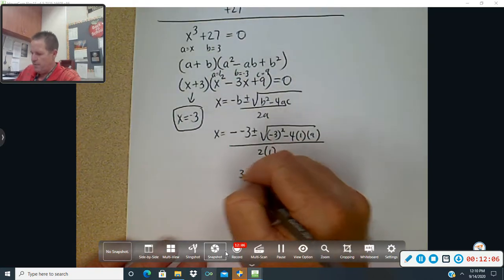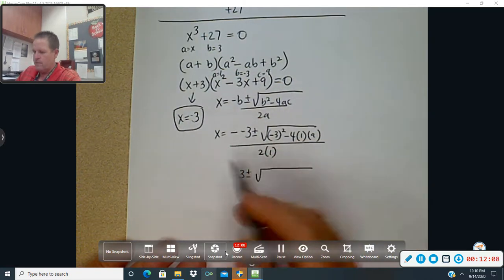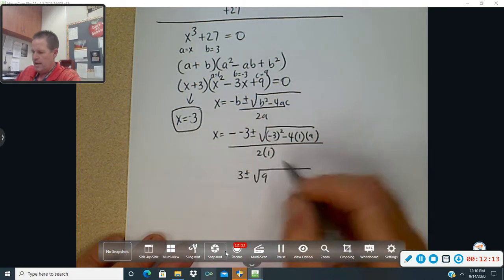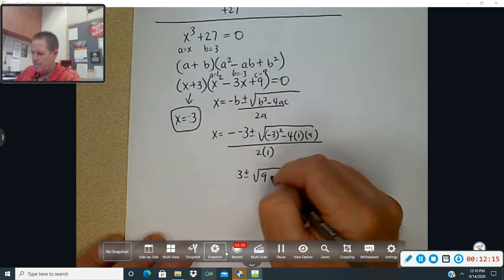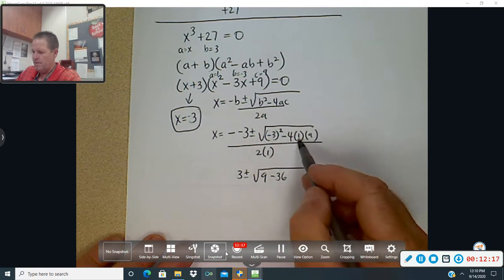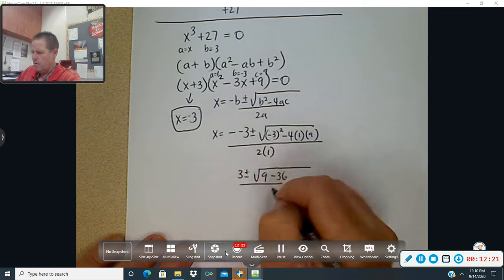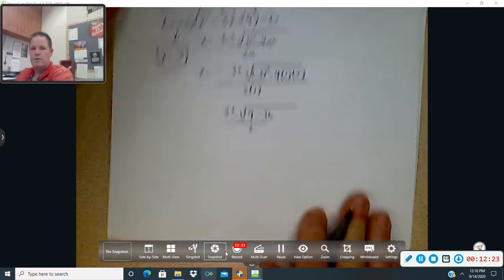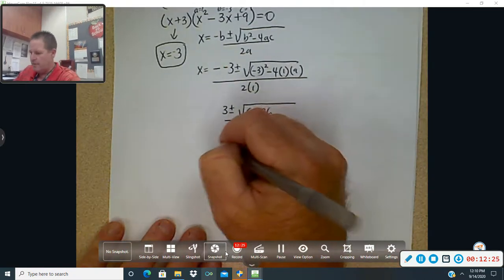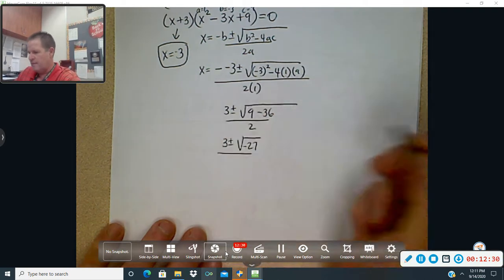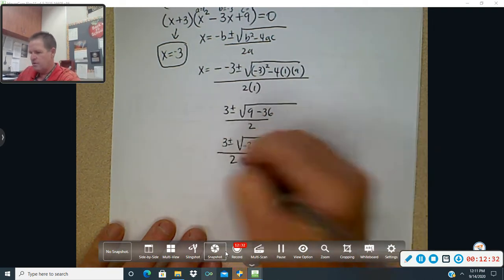So we're going to have 3 plus or minus the square root. Negative negative turns into positive 3. The square root of 9, negative 3 squared is 9, minus 36, negative 4 times 1 times 9, all over 2. Got to keep going on the simplifying. We're going to have 3 plus or minus the square root of negative 27 divided by 2.